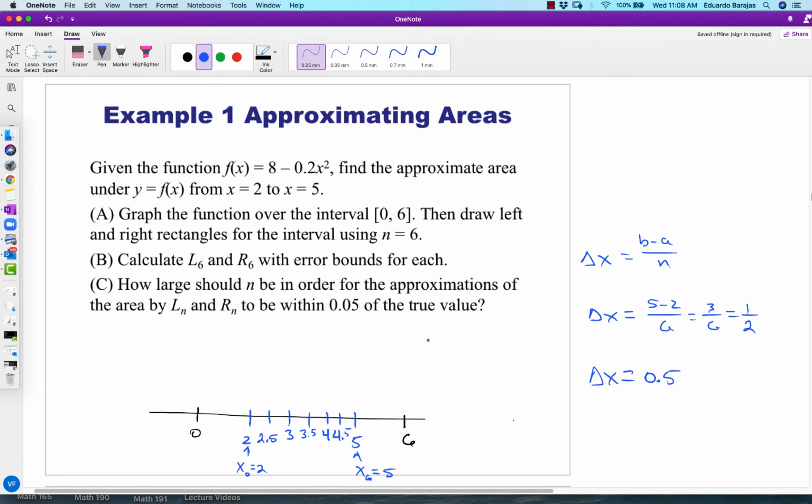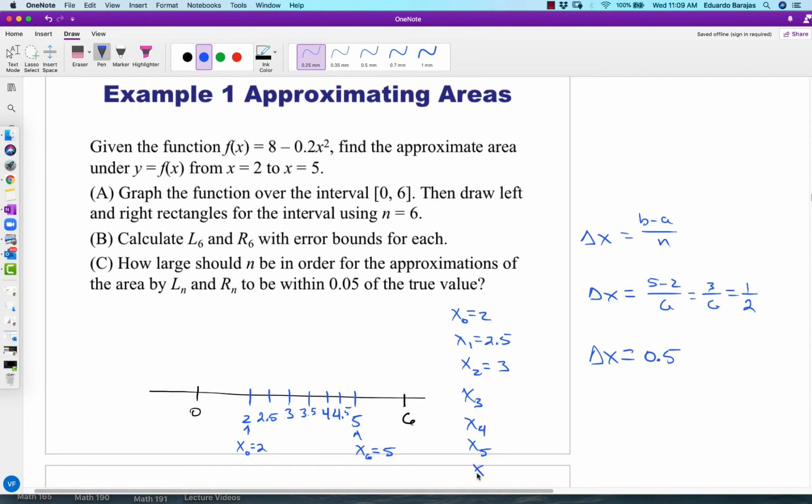So that means that x sub naught was equal to 2, x sub 1 is equal to 2.5, x sub 2 equals 3, x sub 3, x sub 4, x sub 5, and x sub 6, this would be 3.5, since the delta x is 0.5, so then 4, 4.5, and finally 5.